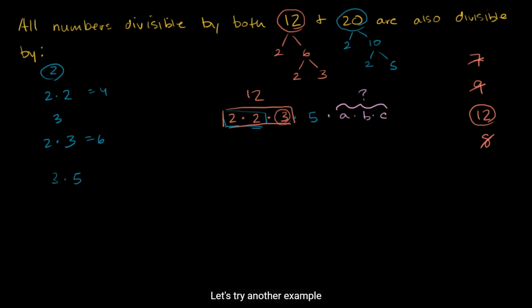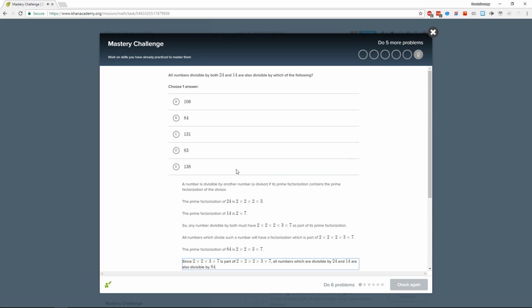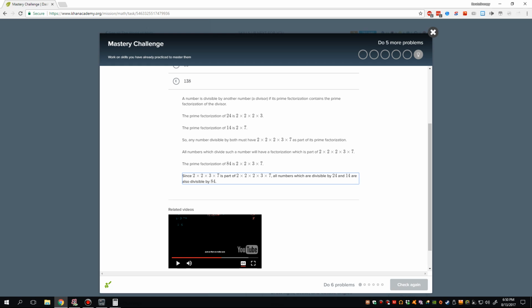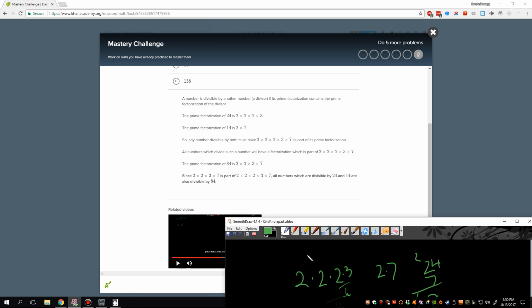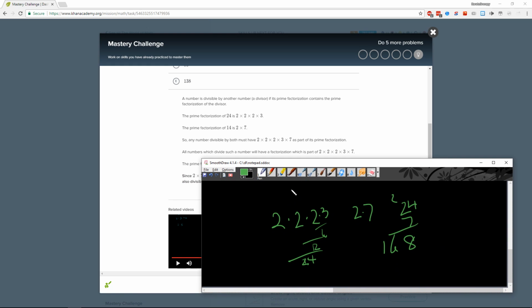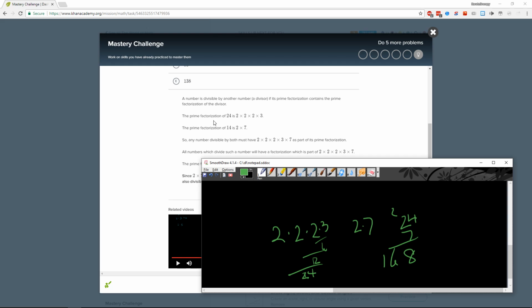Let's try another example. So he's looking at the prime factors of these also, and then figuring out what fits. Which of these have 2 times 2 times 2 times 3 times 7?